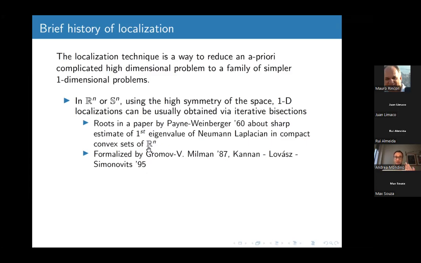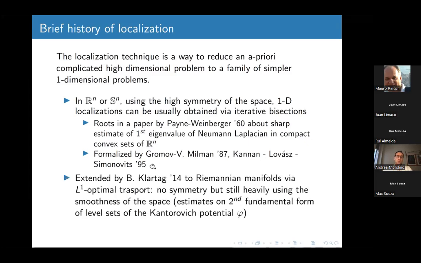Then it was formalized as a technique by Gromov, Vitali Milman, and by Kannan, Lovász, and Simonovits, but still in spaces with a very high degree of symmetry, Rn, Sn, Hilbert spaces, by using bisections. And then there was a breakthrough by Bo'az Klartag in 2014, who was able to extend such a technique to Riemannian manifolds with lower bound on the Ricci curvature using L1 optimal transport.